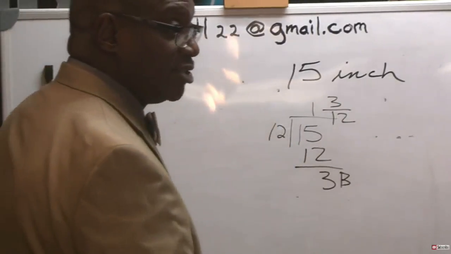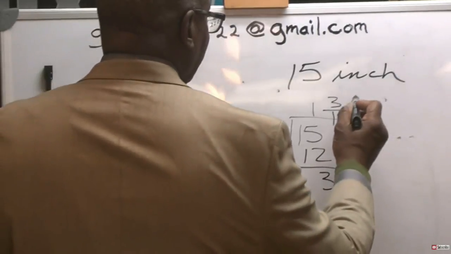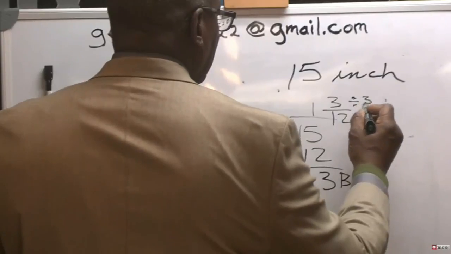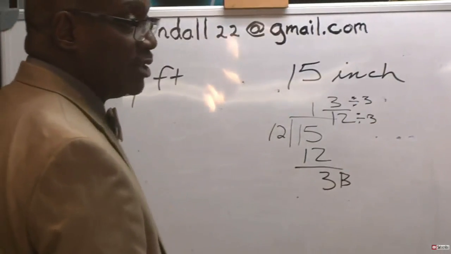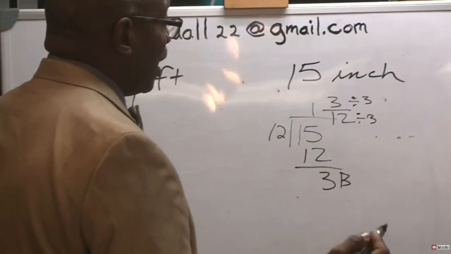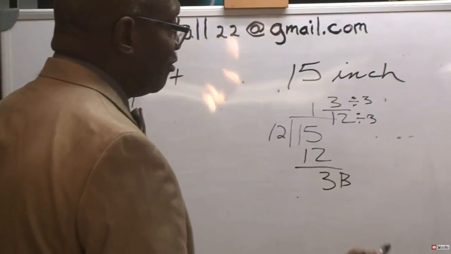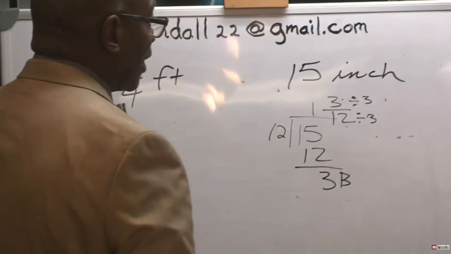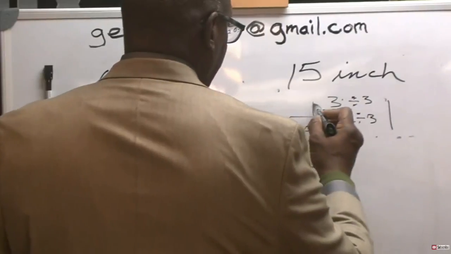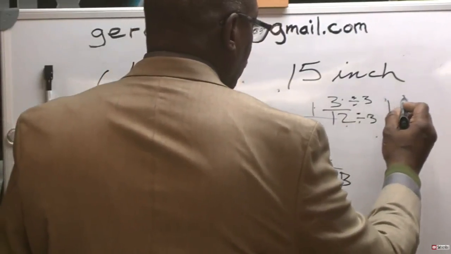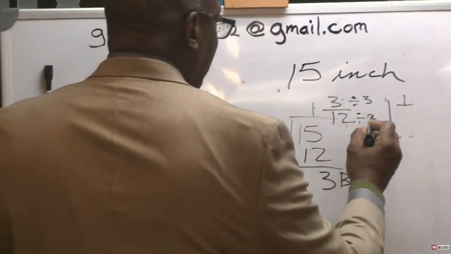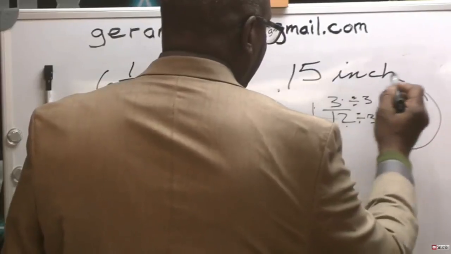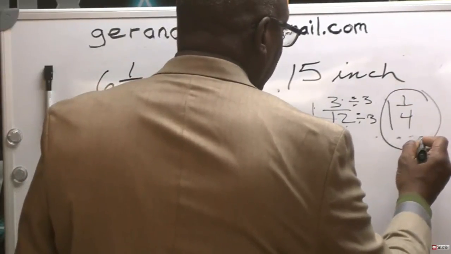We're going to take the largest factor and we're going to divide by 3 because that's the largest number, and in this case we call it the largest or greatest common factor that will go into 3 and 12 evenly. And in this case we're going to have 1, this one right here, and 3 divided by 3 is 1, and 12 divided by 3 is 4, and now we've expressed this 15 inches as 1 1/4 feet.